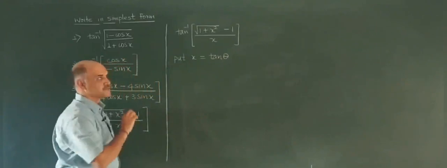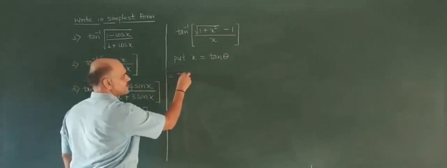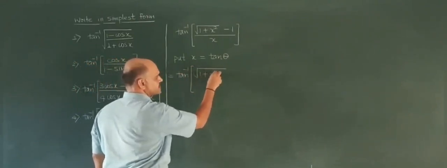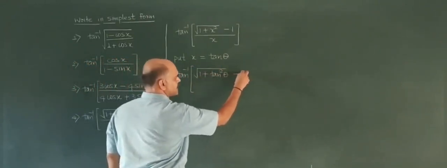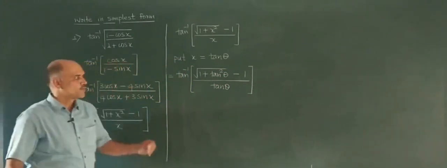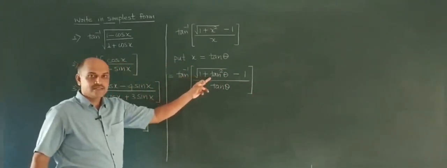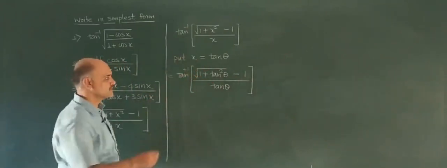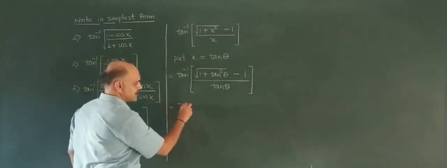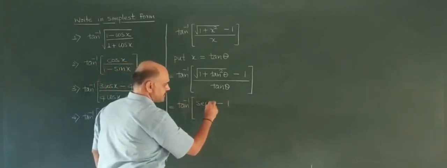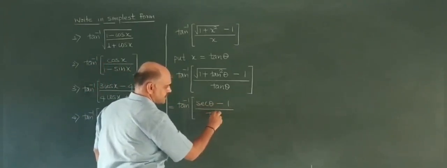So if I substitute, this is equal to tan inverse of (root of 1 plus tan square theta minus 1) divided by tan theta. Now 1 plus tan square theta is secant square theta. So the root is there, meaning square and root get cancelled. So you will have tan inverse of (secant theta minus 1) divided by tan theta.